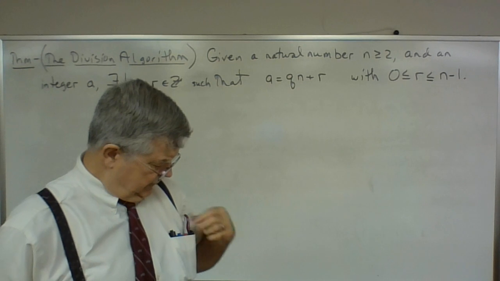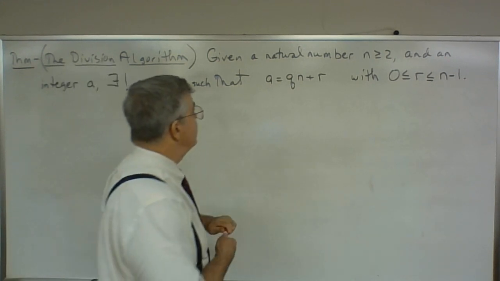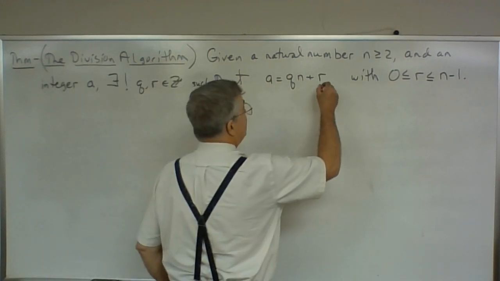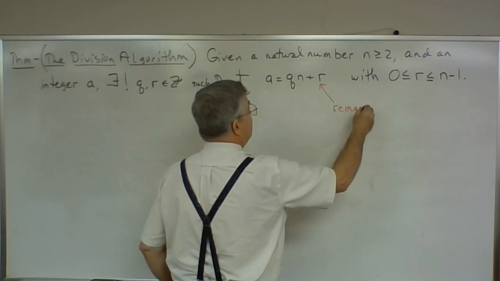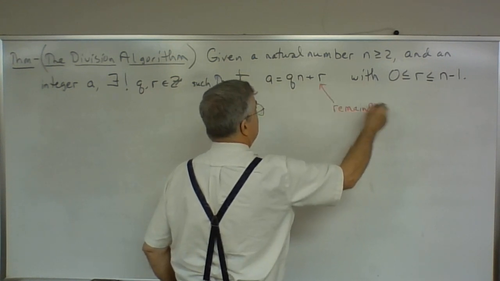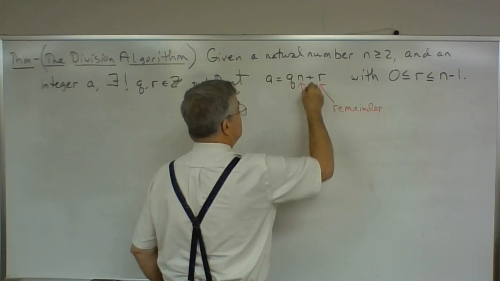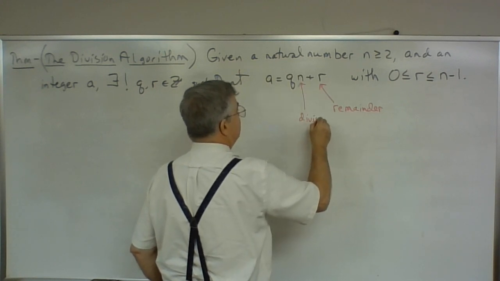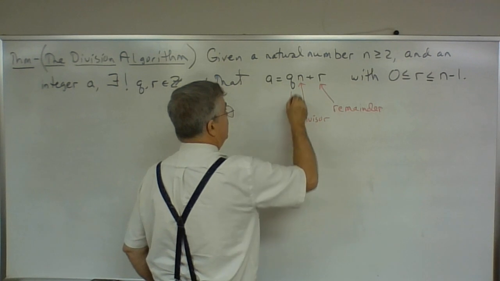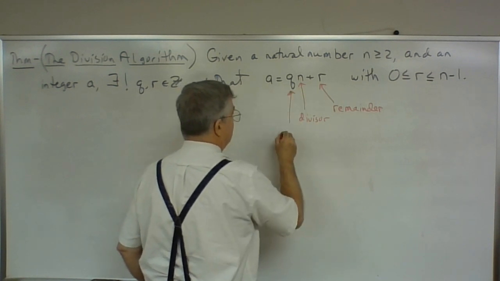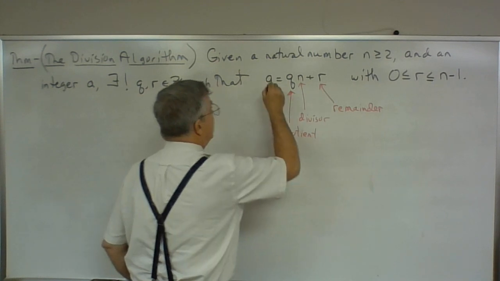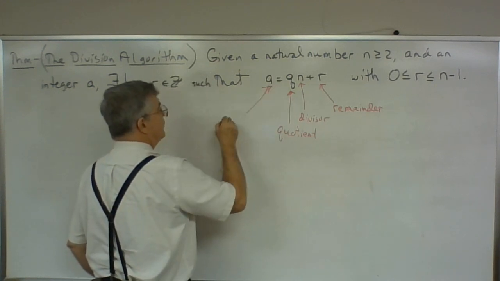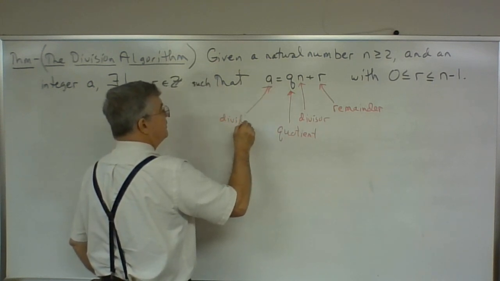And this may look somewhat familiar now. We call r the remainder. We call n the divisor. We call q the quotient. And I guess that original number, I think that's what they call the dividend.